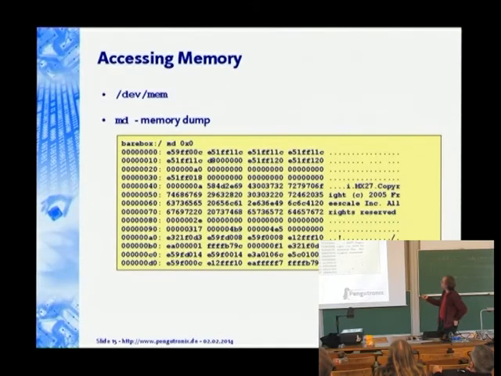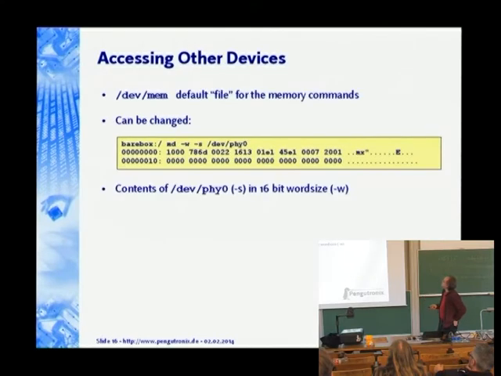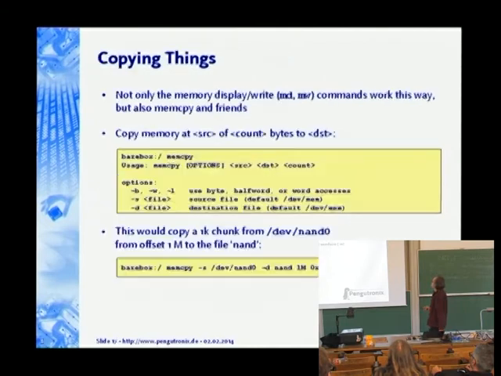You can just look into the ROM bootloader of that processor here, and if you don't want to access the normal physical memory, you can also use one of the other drivers available, like in this case here, one of the Ethernet PHYs, and if you add the switch here for 16-bit access, you can see that you can just access the 16-bit word registers of this PHY. This is pretty much debugging stuff, just to find out what's going on in the hardware and, well, to bring up new electronics.